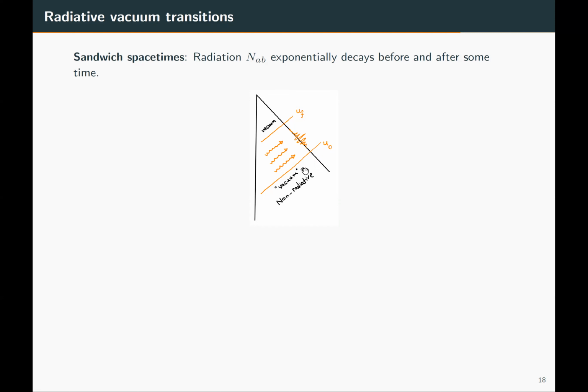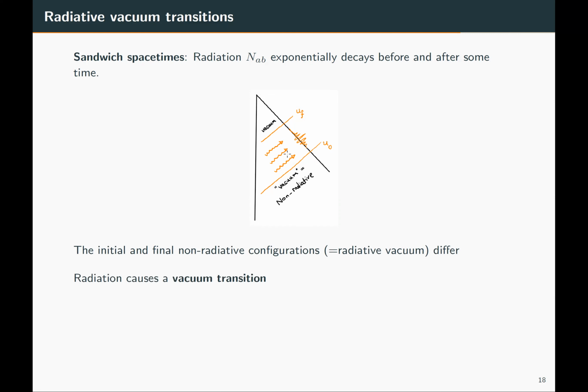I can call this non-radiative spacetime a radiative vacuum. This is the terminology of Strominger. And the point is that the initial and final vacua differ from each other. So the radiation leads to a vacuum transition. And the question is to provide a complete characterization of these radiative vacua.